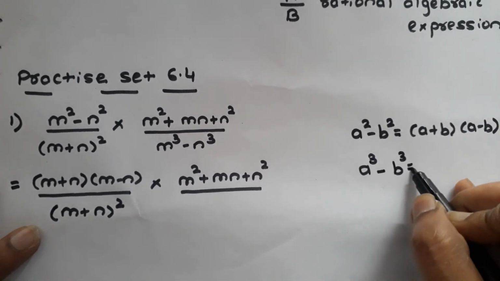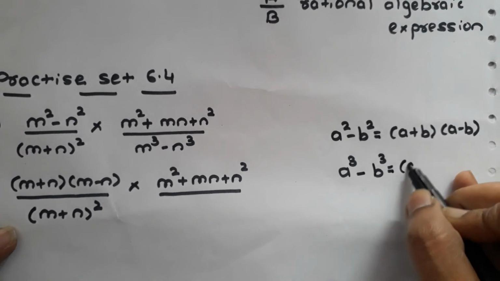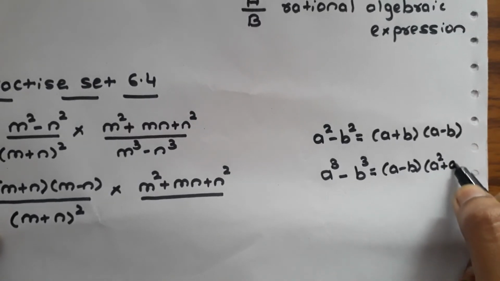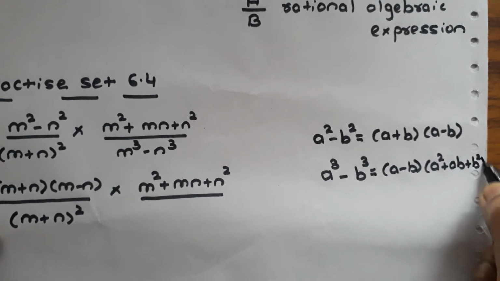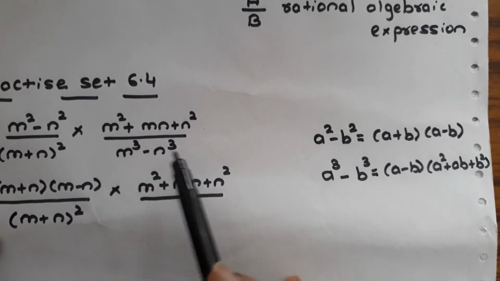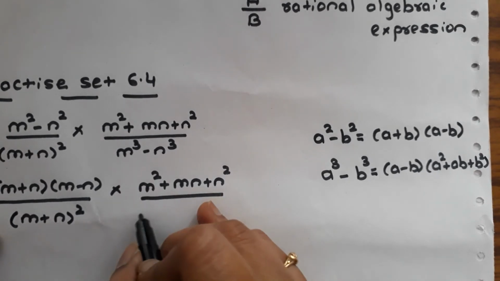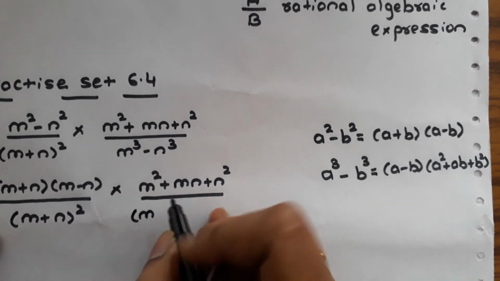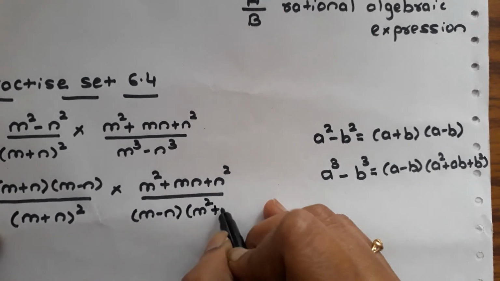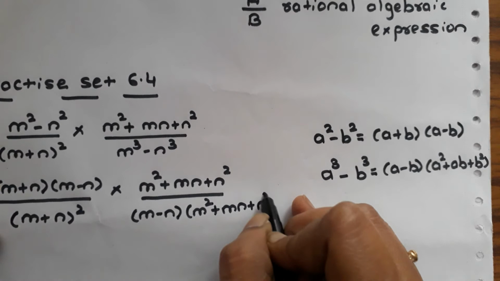And we know that a cube minus b cube is a minus b into a square plus ab plus b square. So in this case, a is m and b is n. So now the denominator becomes m minus n, m square plus mn plus n square.